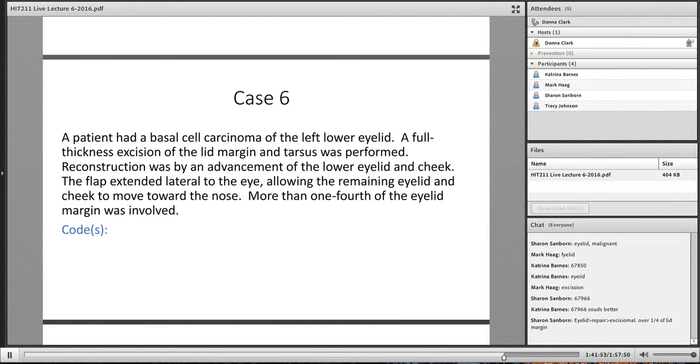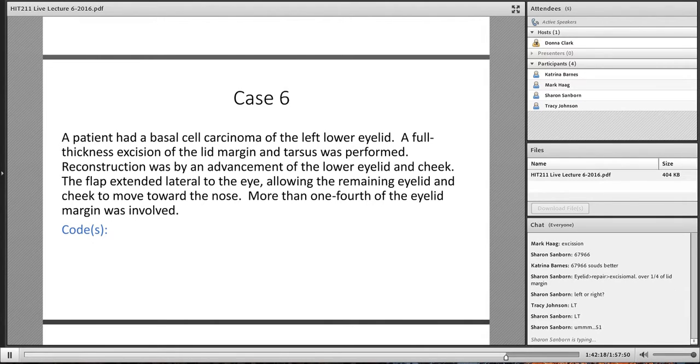Now there is a modifier that we should add to this code. What do you think? Okay, not quite. That's good, but it's something you can be even more specific about. No, look at it.